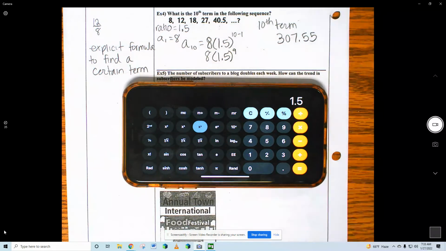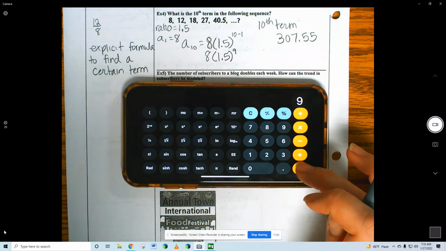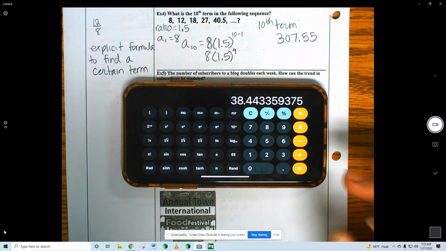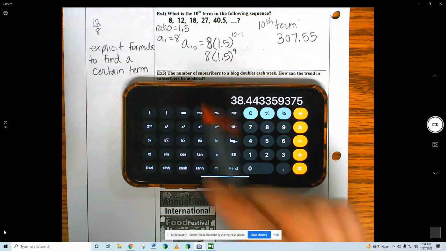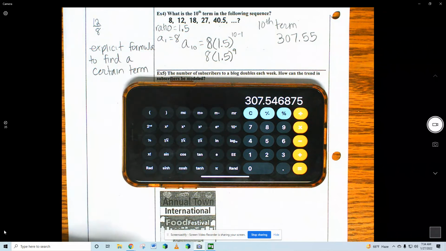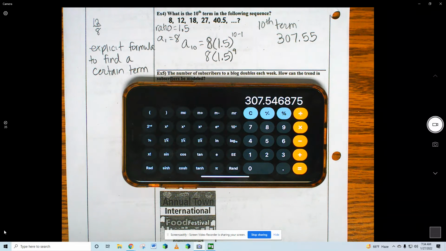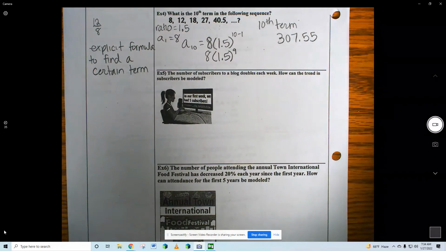It's going to stay, meaning it's going to do that function. To the 9th, 1.5 to the 9th power. So then I press 9 equals 38.44, and then you multiply it by the 8 in front, times 8. 307.55. So that's how you do it on a cell phone calculator at home, so you can do your homework successfully, because this is a class set. Okay? All right, good.